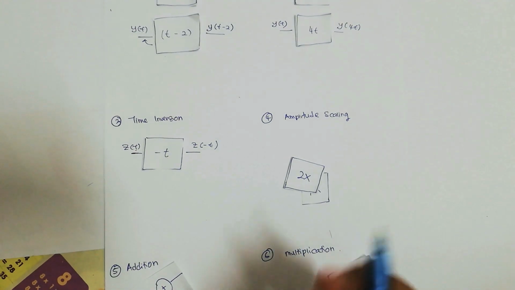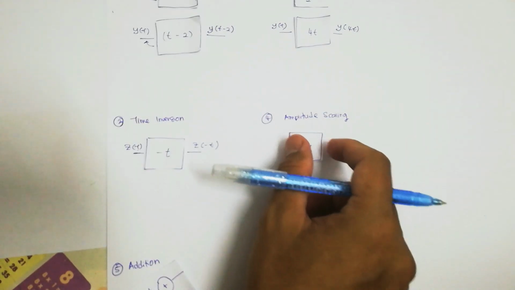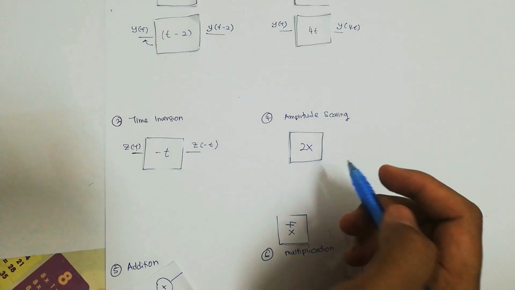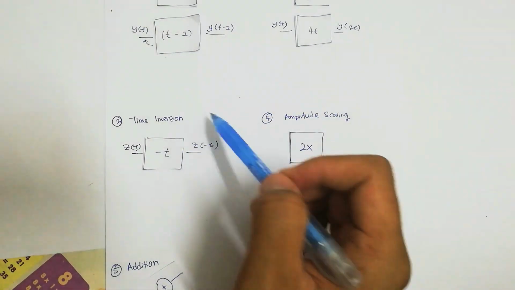For amplitude scaling, it's not related to time but to the amplitude of the signal, so it's different from the three transformations we discussed before.